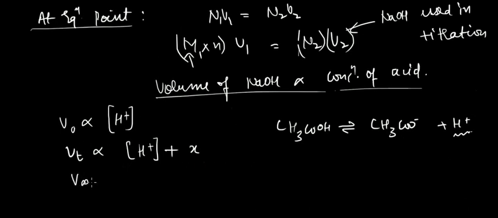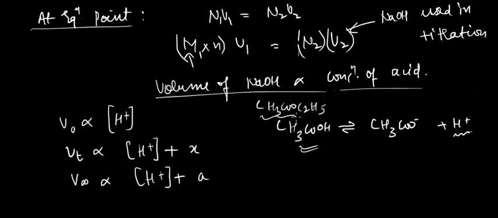And at V infinity we can say that we have the concentration of H plus from the catalyst, plus at infinity the whole of CH3COOC2H5 would be getting converted into CH3COOH.